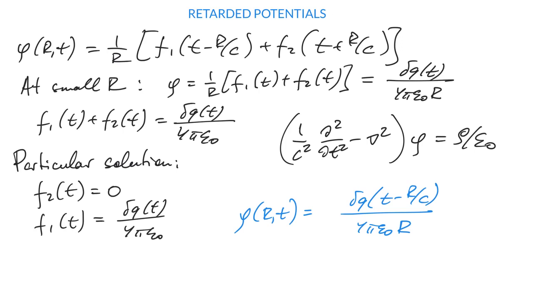Here we simply came back to this expression, set f2 to 0, and substituted the particular solution for f1. And then the argument becomes t minus r over c. So here I have δq of t minus r over c. And in the general solution for φ, there can also be an arbitrary solution of the homogeneous equation with 0 right-hand side here.